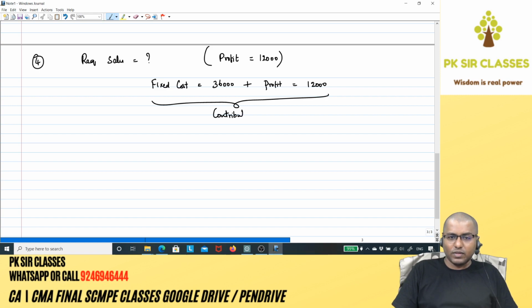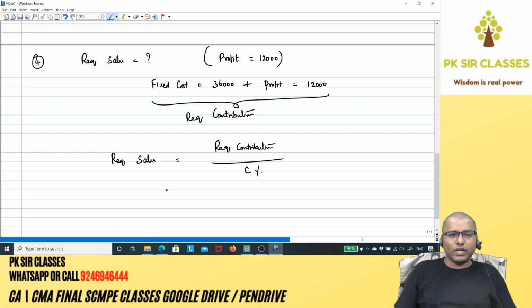Fixed cost plus profit is nothing but contribution. This is the required contribution that I have to earn. So 36,000 plus 12,000 is the required contribution. From this, I can easily calculate required sales. Required sales is nothing but required contribution divided by contribution percentage, correct?